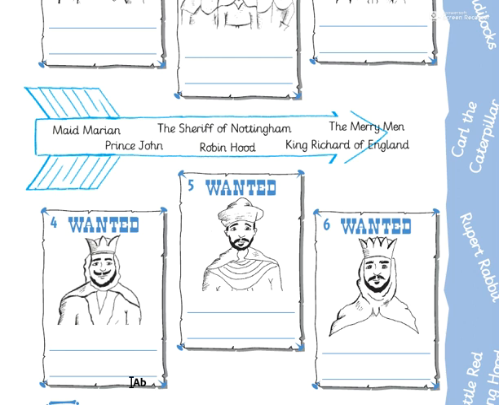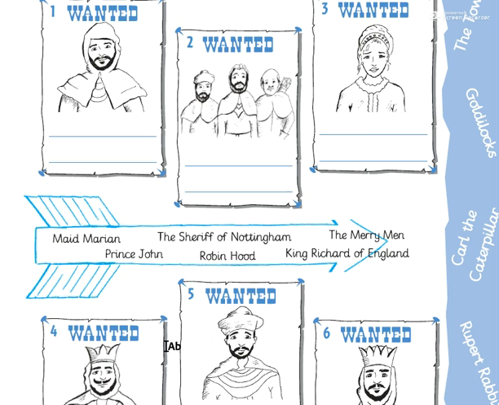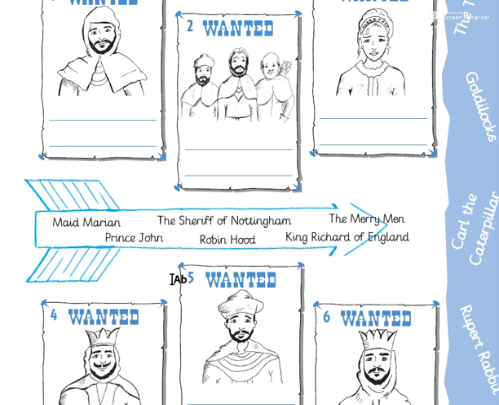Prince John was taking money from the poor people. Picture 3. King Richard was riding his horse in the forest. Picture 6. Robin Hood and his merry men were giving money to the poor people. Picture 2.